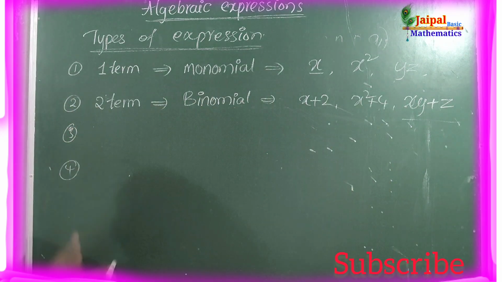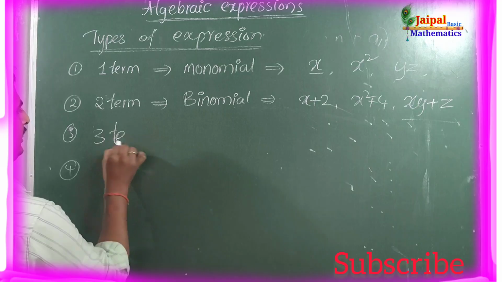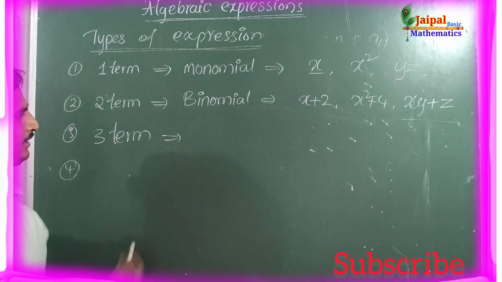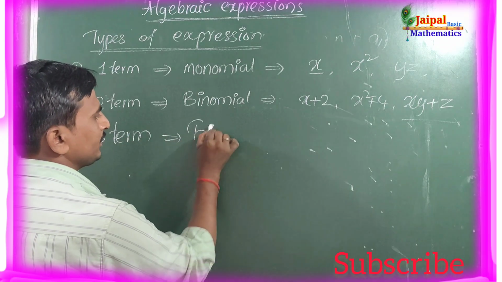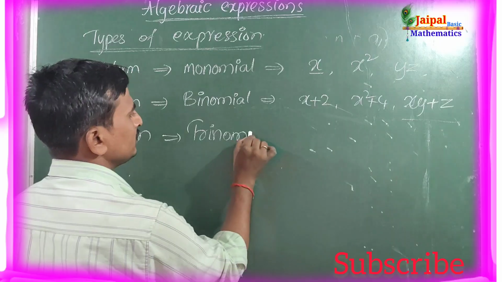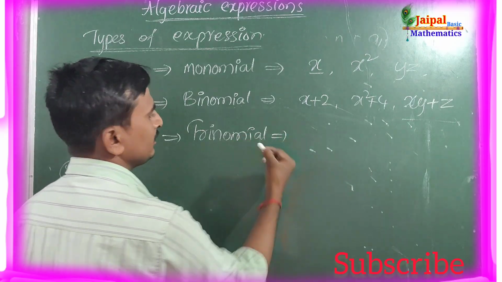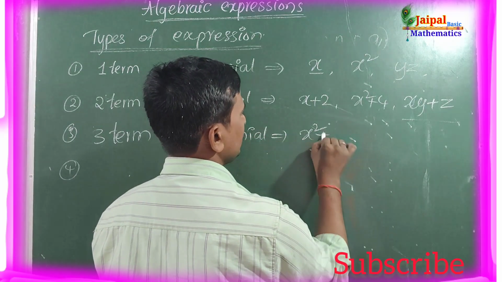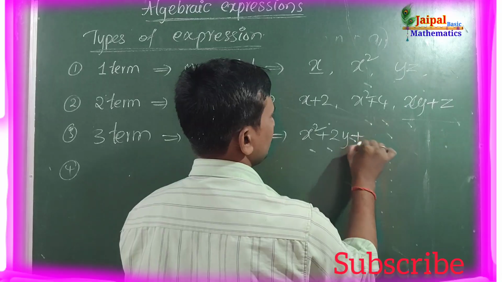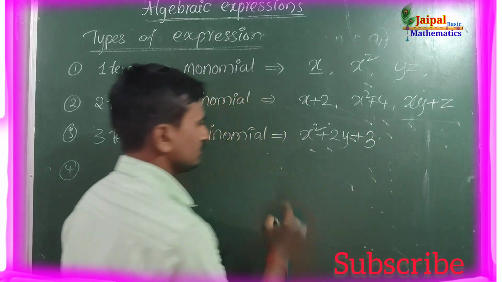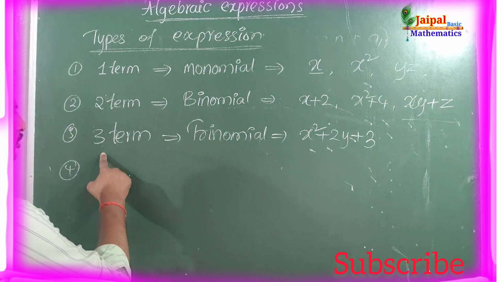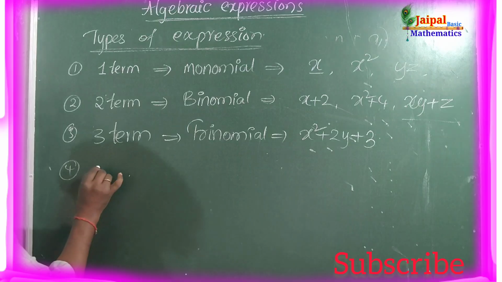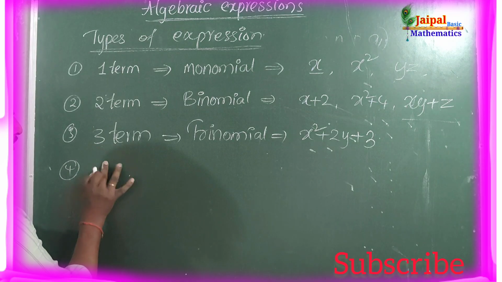Okay? So let's go to 3 terms. An expression which has 3 terms is called trinomial. What do we call it? Trinomial. Here example, x square plus 2y plus 3. So here 3 terms will be there, so it's called trinomial. Last one, more than 3 terms.